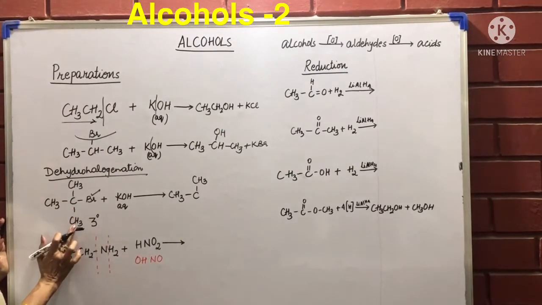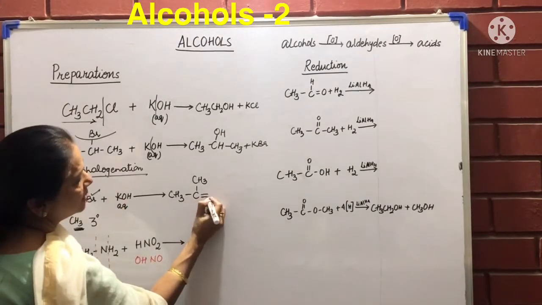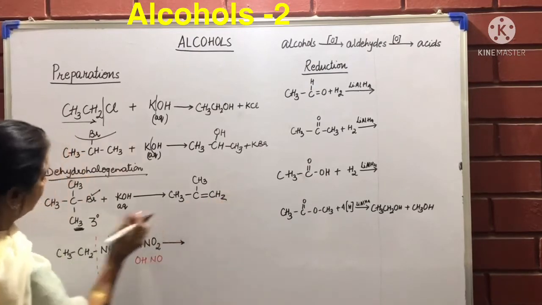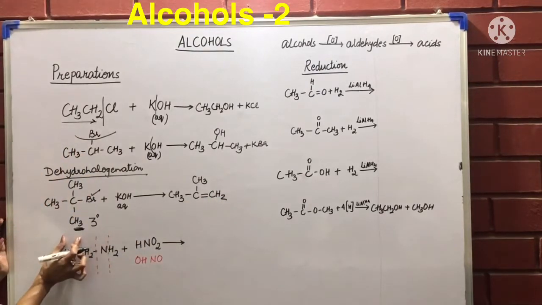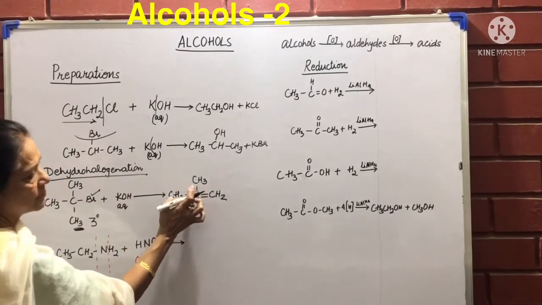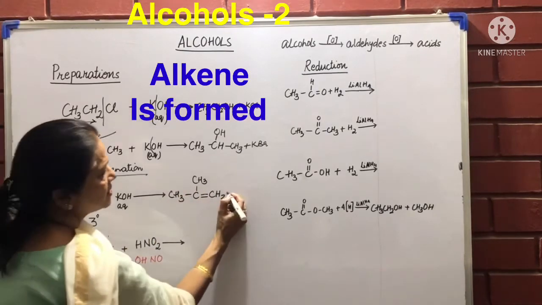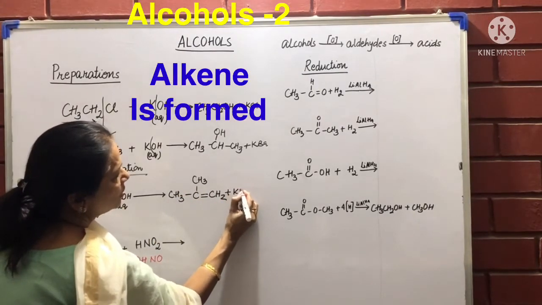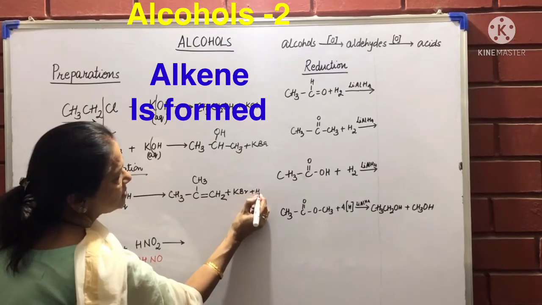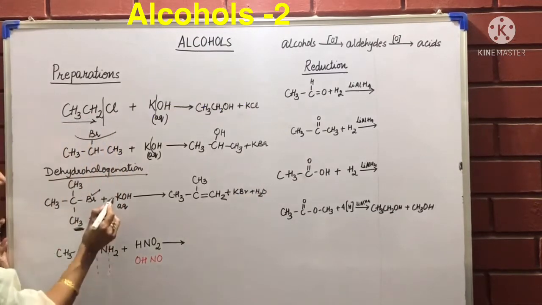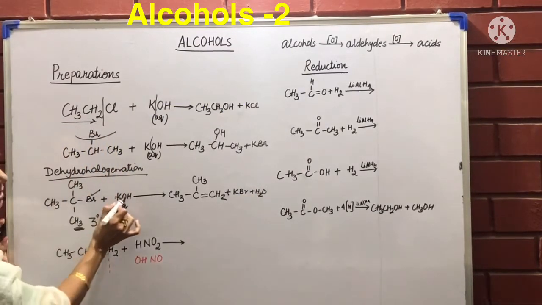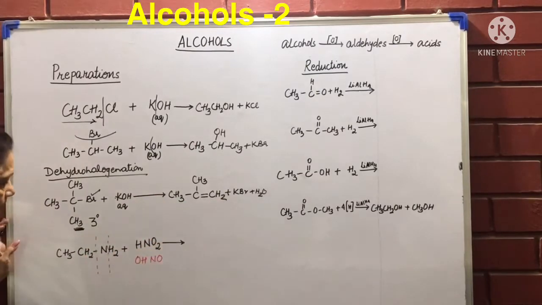I have removed one hydrogen from here, so there will be a double bond here because I have removed Br also and H also. So valency of carbon has to be satisfied, and so now it will give KBr plus water. KBr from here, H from here and OH from here gives you water.